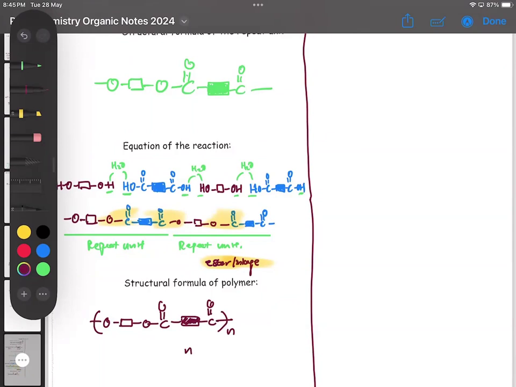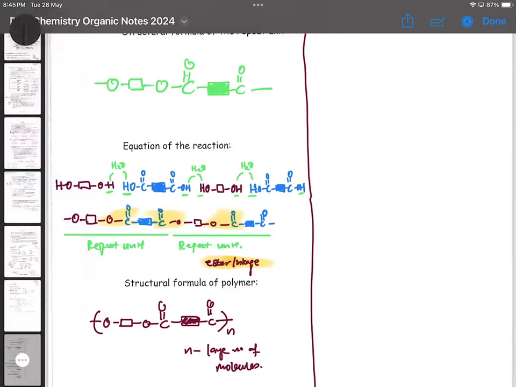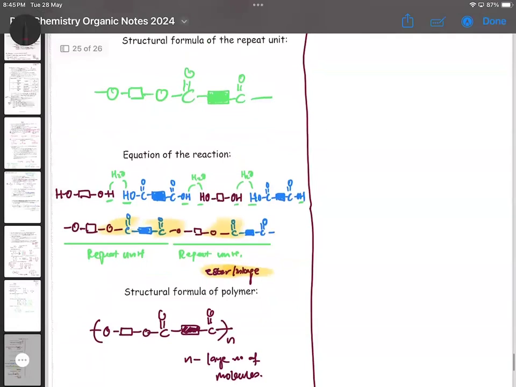And we put an n, where n represents the large number of molecules. Okay, comfortable? This is how it looks like. So this thing here needs two monomers to work. One monomer has two alcohol groups. One monomer has two acid groups.